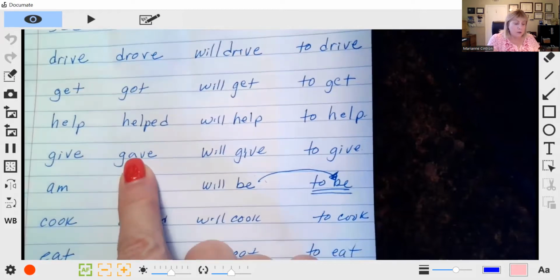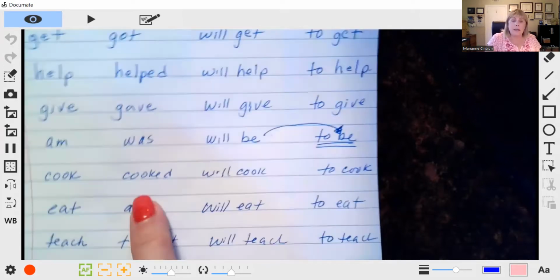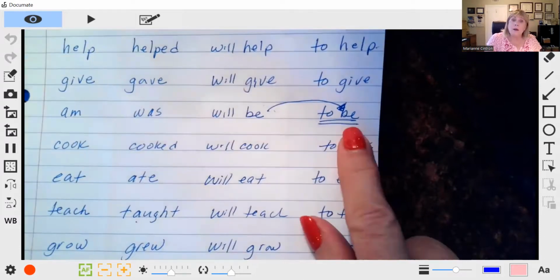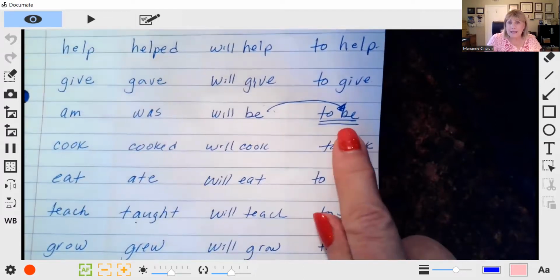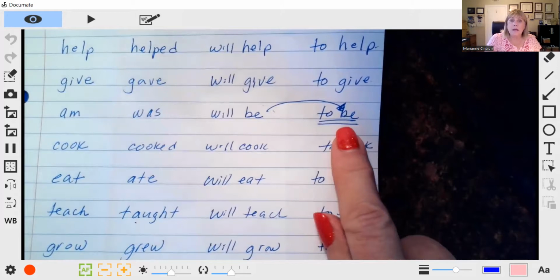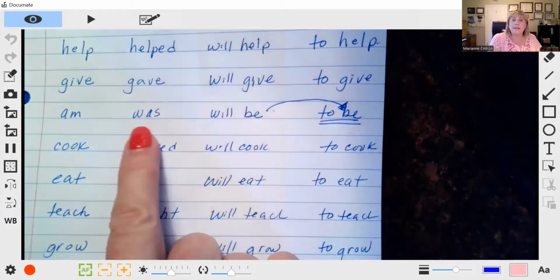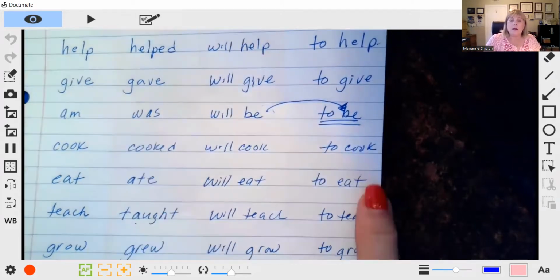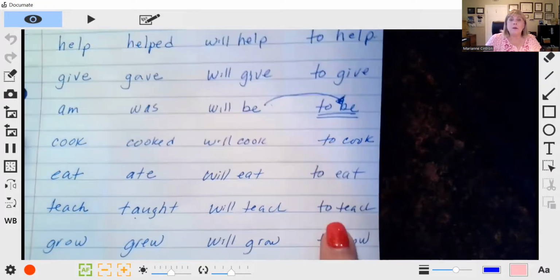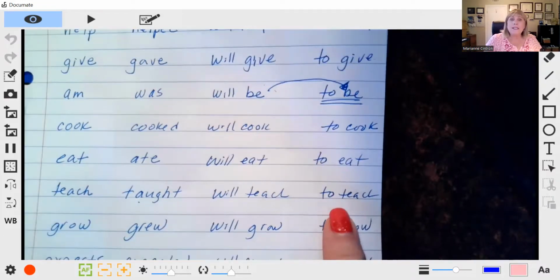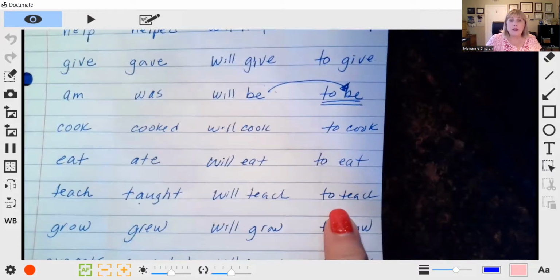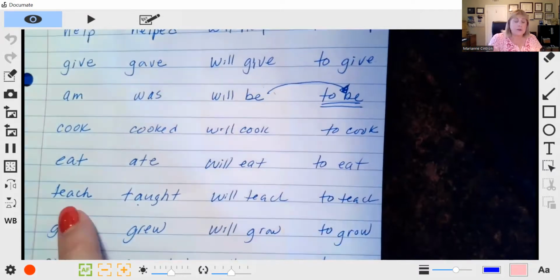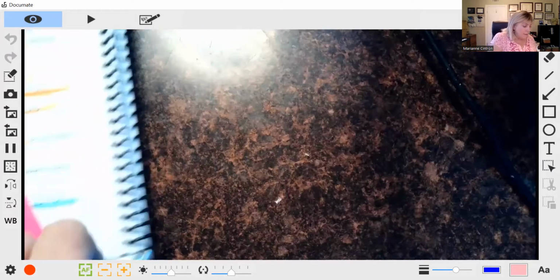But this is such beautiful work for her to be practicing. Say to be. What's the past tense of to be? Was. I'll mix it up. Okay, so the word is to teach. What's the present tense for to teach? Teach.